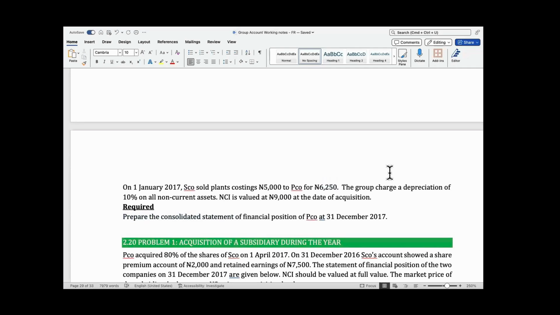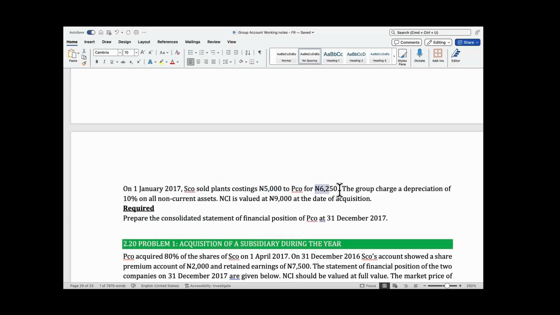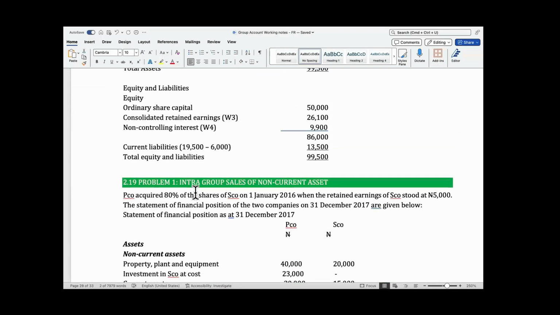So this one, they sold plant that cost 5,000 to PICO for 6,250, and the group charges depreciation on all non-current assets. NCI is valued at, okay, this is just sales of plant. Every other thing is the same.